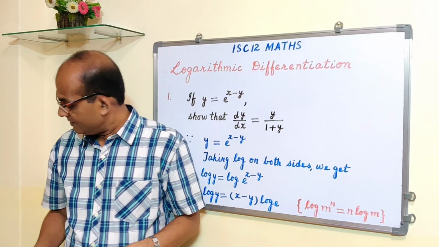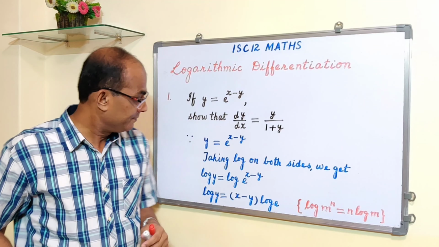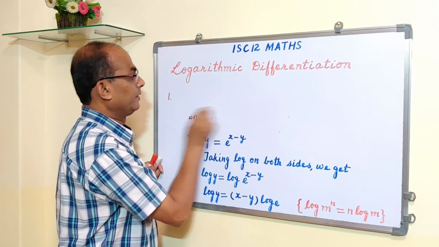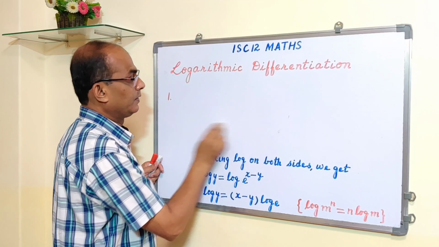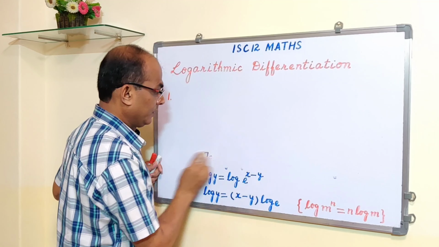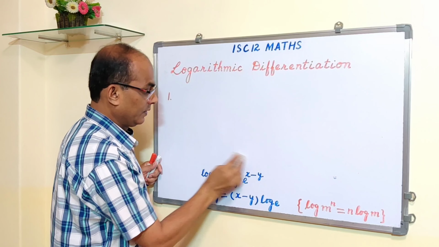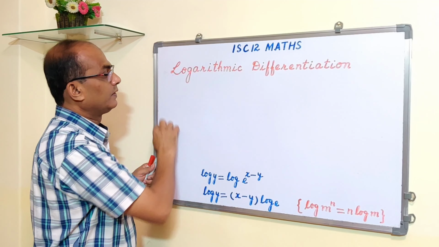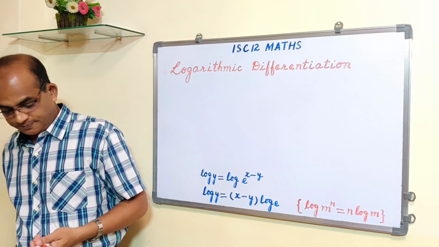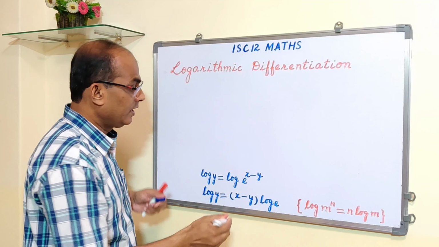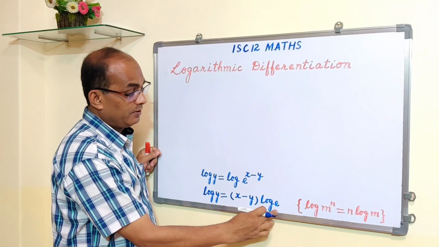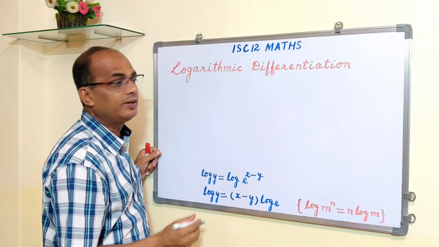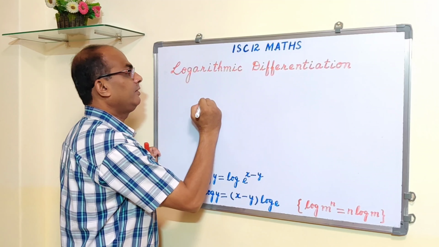Now, the base is e, so log e to the base e is 1. We can write down simply log y is equal to x minus y.